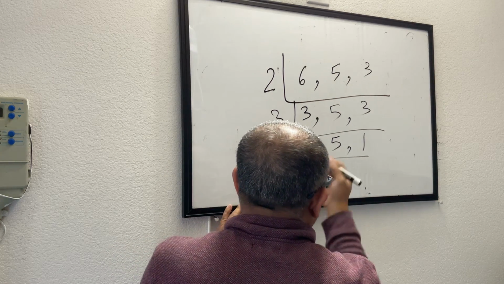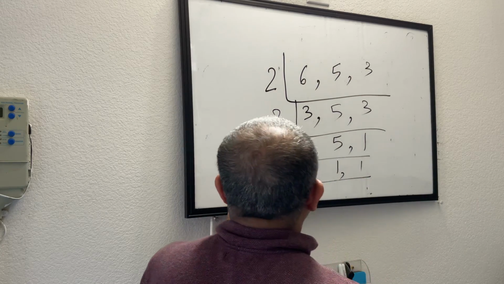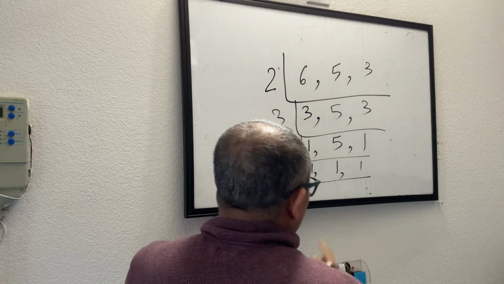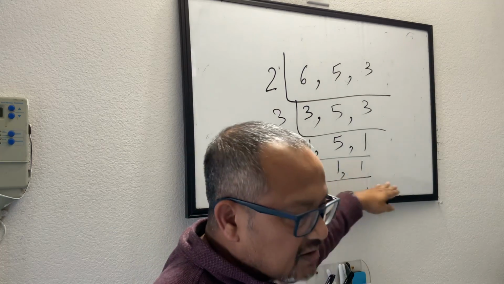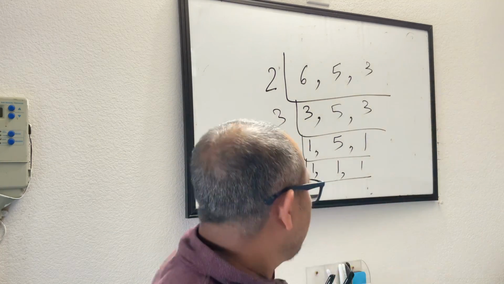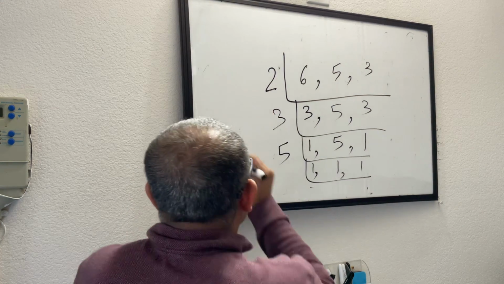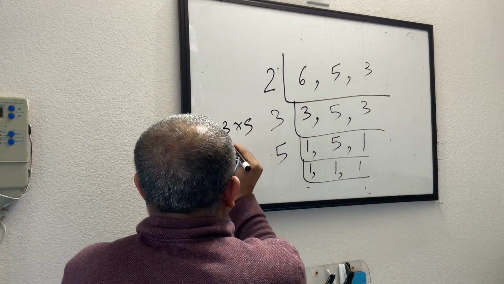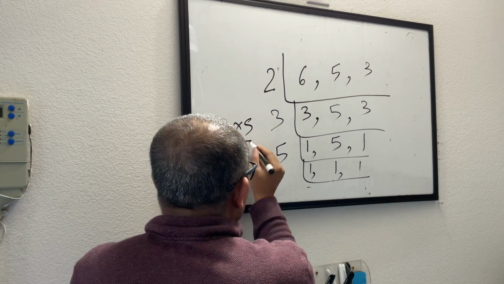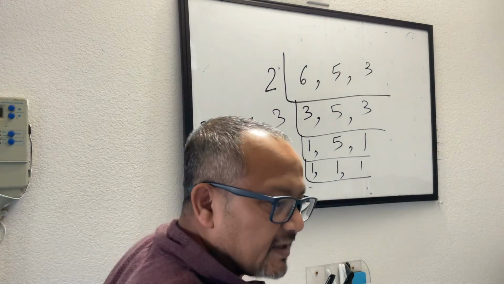So 1 remains 1, we don't touch that. 5 ones are 5, 1. What do we have? 2, 3 and 5, and everything else is 1 now. As soon as you get a 1 at the bottom, you have to stop. Then look at all the numbers that you got here: 2, 3 and 5. Multiply them all. 2 into 3 into 5. 2 times 3 is 6. 6 times 5 is 30.